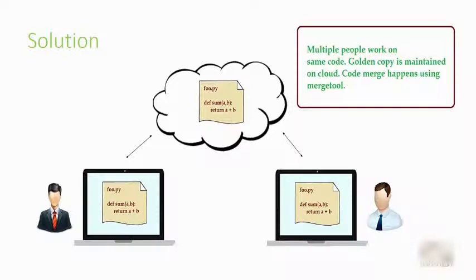Now let's say they are working on the same function, let's say here there is a Python function def sum, and if they both are making changes to the same function, then there are merge tools available which can help you resolve the conflict. So merging is pretty easy. These two people can work on their own without worrying about anything. So it's very beautiful how VCS solves these issues of collaboration.